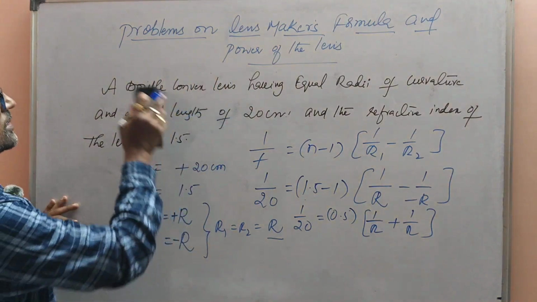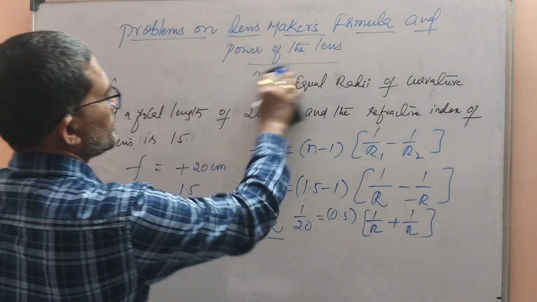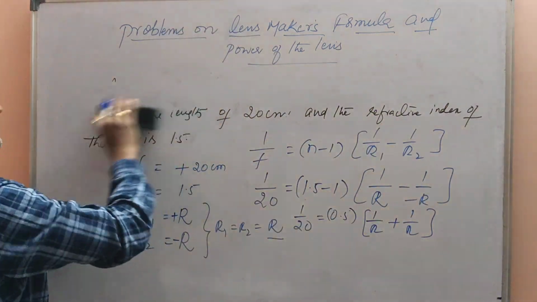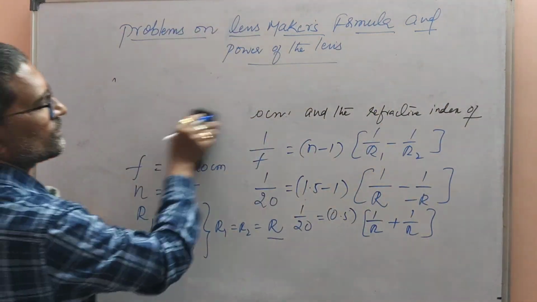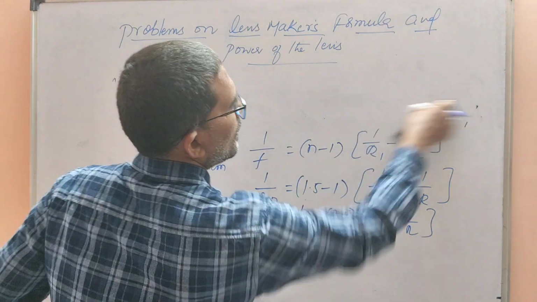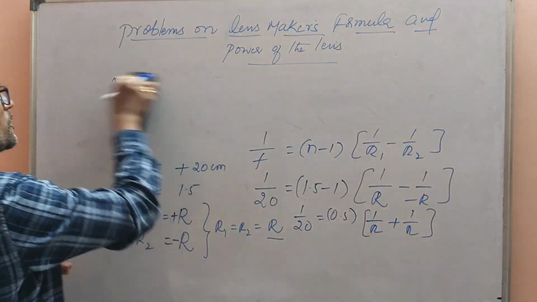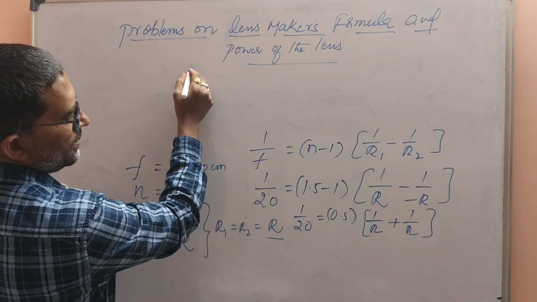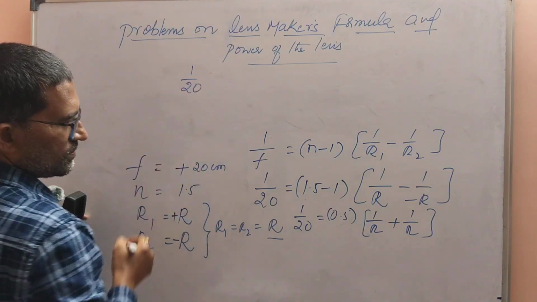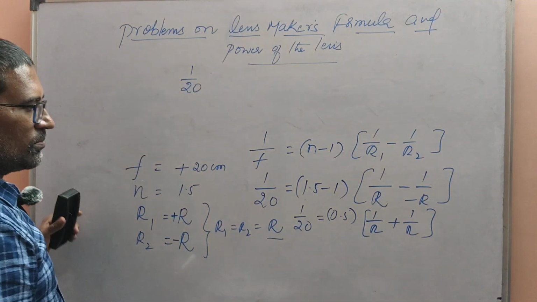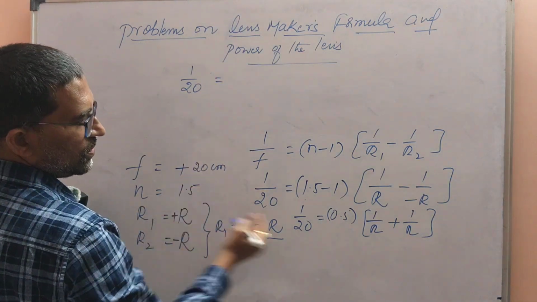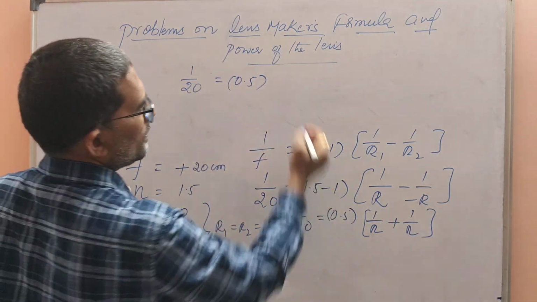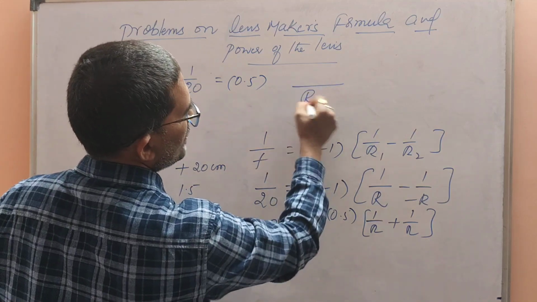Now, I will erase this part. After substituting the values, the next part is 1 by 20 is equal to 0.5, I am writing 0.5 only for now, into 1 by R plus 1 by R. R is the LCM.